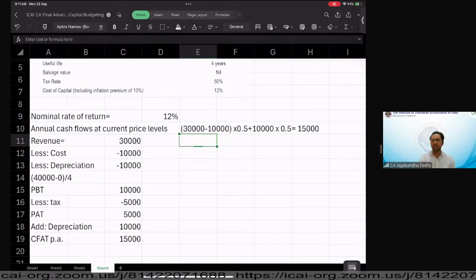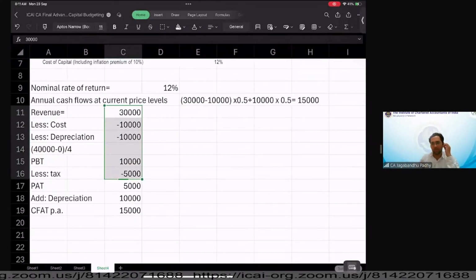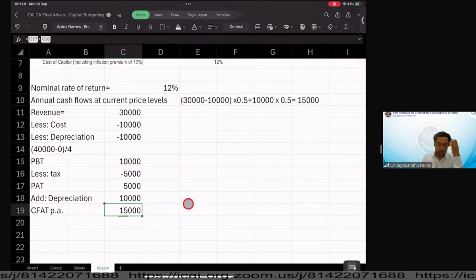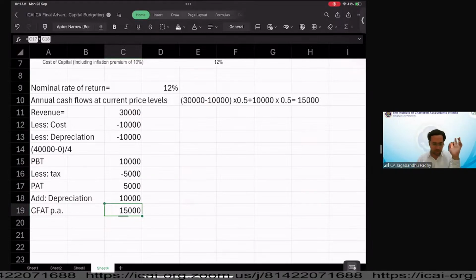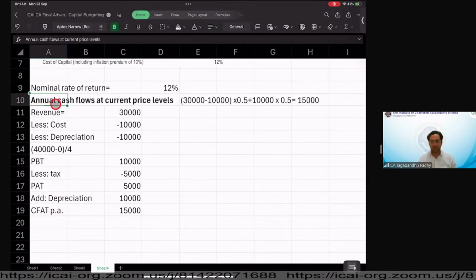Either way, you can do it. So you can have a schedule like this where you calculate the PAT and then add back the depreciation, or you can also do it in this pattern. Okay. So cash flow after tax will be 15,000. I hope this makes sense to everyone that cash flow after tax per annum is going to be 15,000, and this is at current price levels.